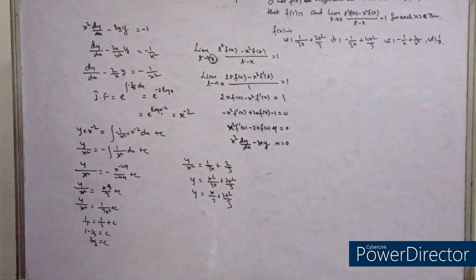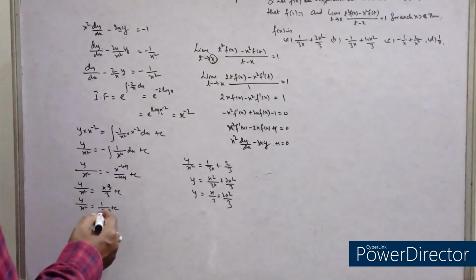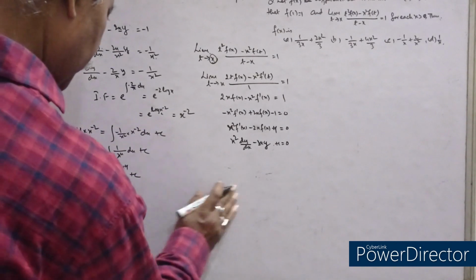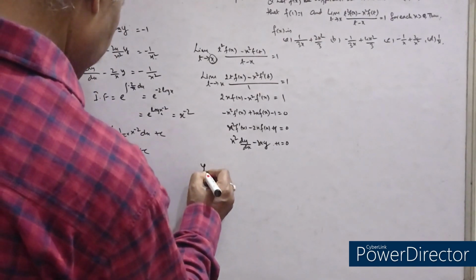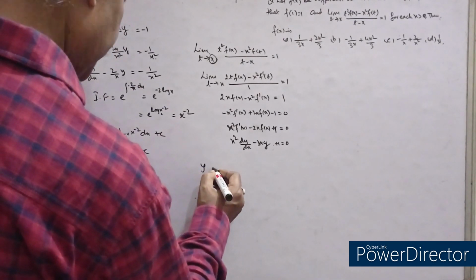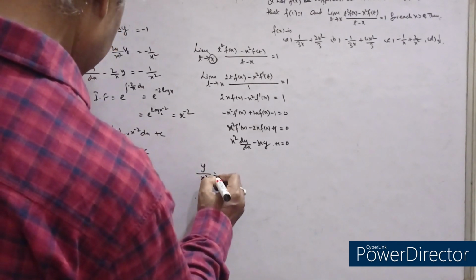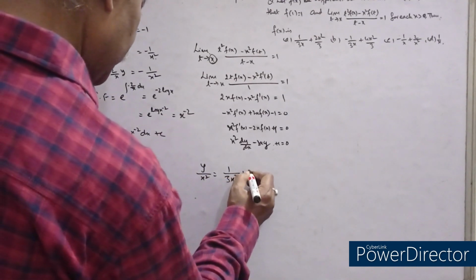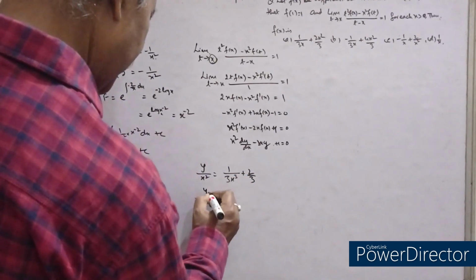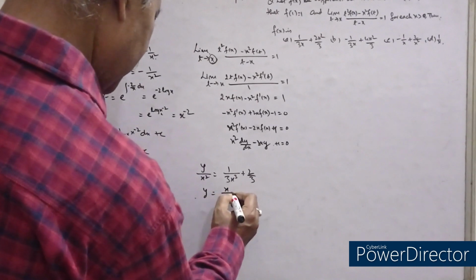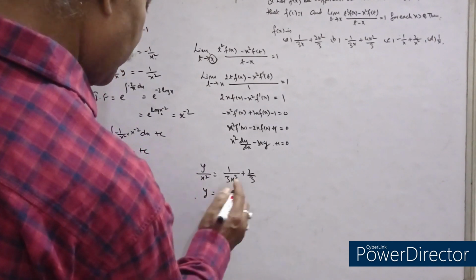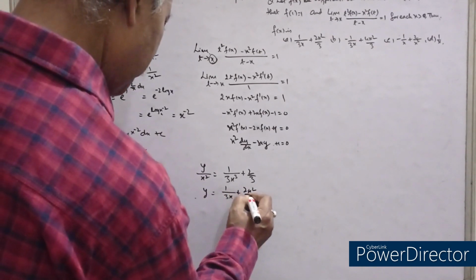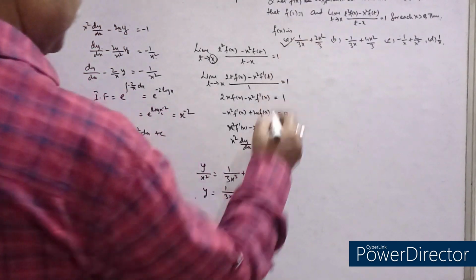So here y by x square will be equal to 1 by 3x cube plus 2 by 3. So y is equal to 1 by 3x plus 2x square by 3. So this is your answer.